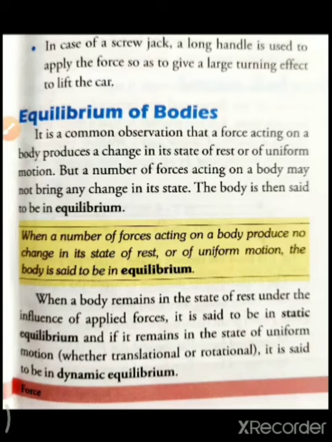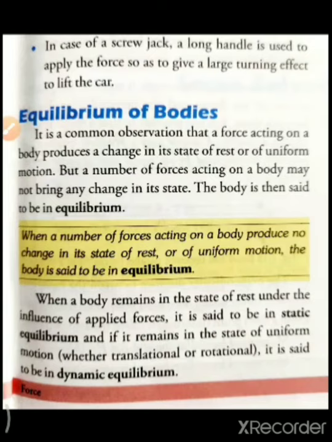What is that agent? That is the force. If a force is applied to a rest object, it will move, changing its position. When a force is applied to a moving object, it may stop. That means force is the main cause of changing the position of an object.